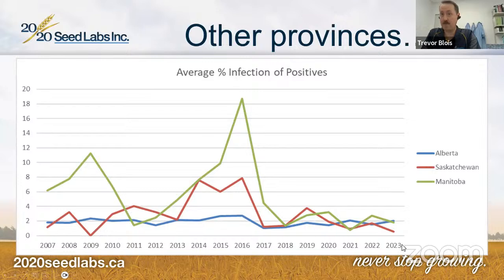So again, when we see a sample come in that has a high level of infection this year, it's definitely more often been from Alberta compared to some other previous years, where in 2016 we had this huge amount in Manitoba where the average positive sample was over 18%. So it's good news for them, as I said.